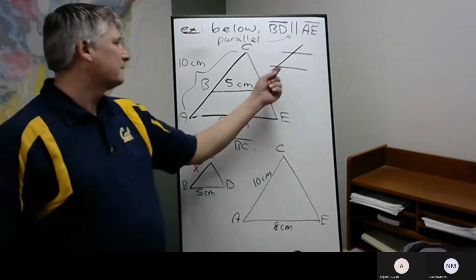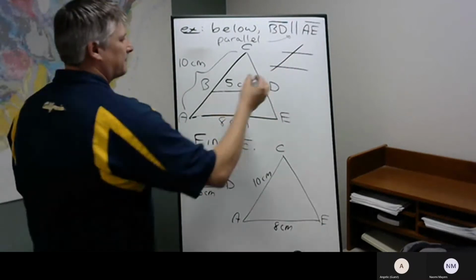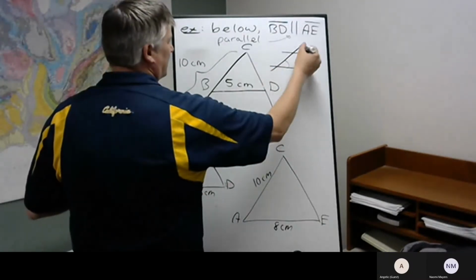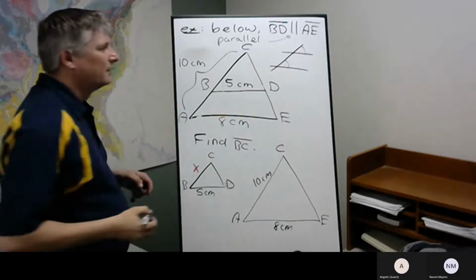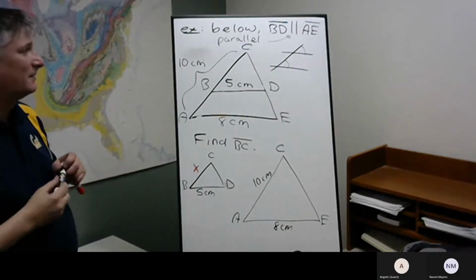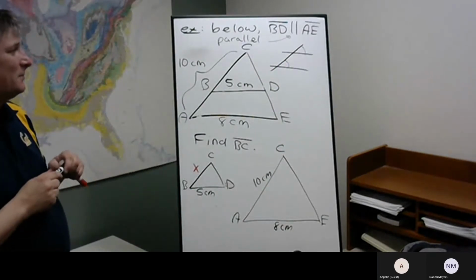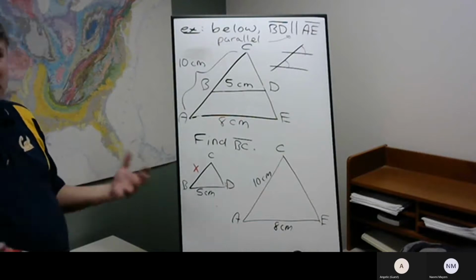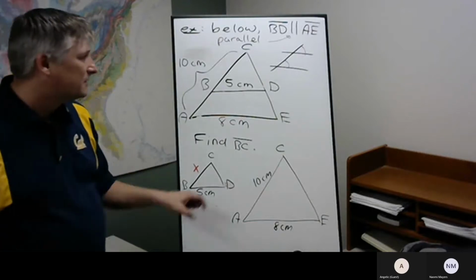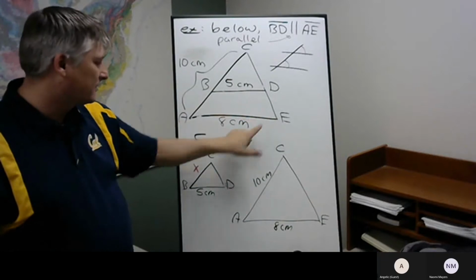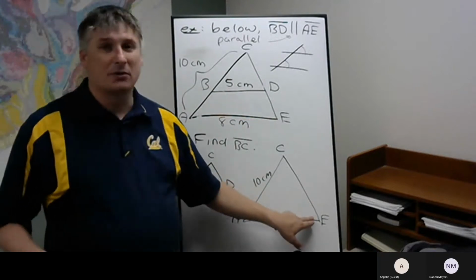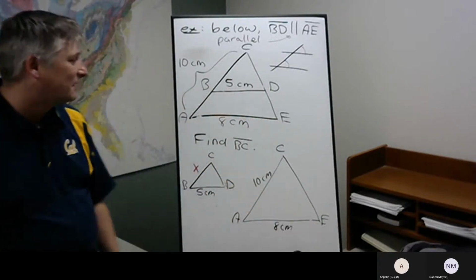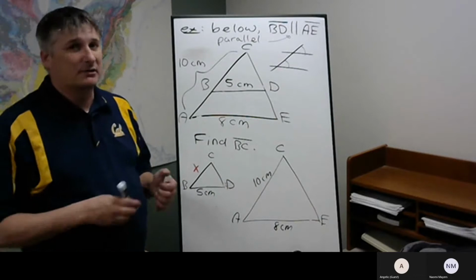Because they're parallel, the angle here and the angle here are going to be the same. That's going to help explain why these are similar triangles. Same thing with this angle and this angle. They're also going to be the same. So we're looking at some similar triangles here.